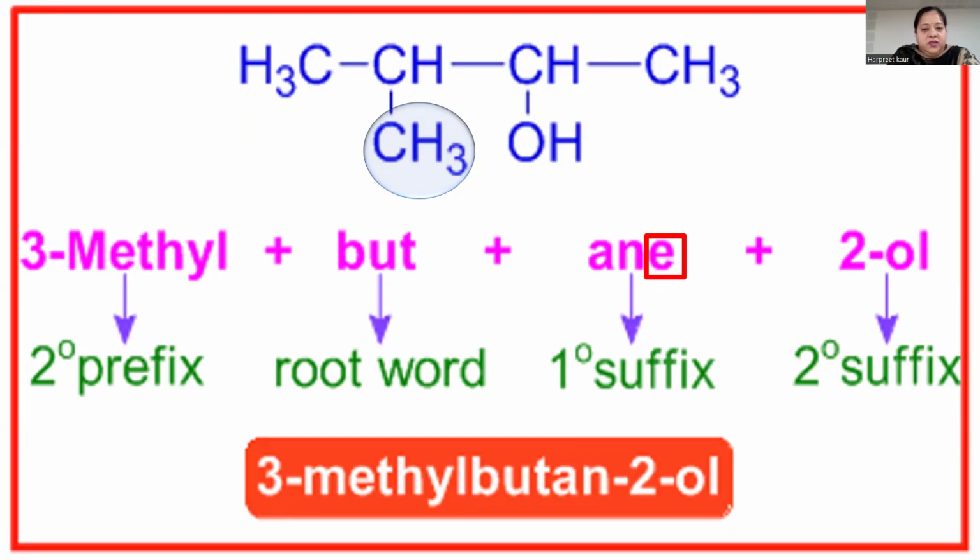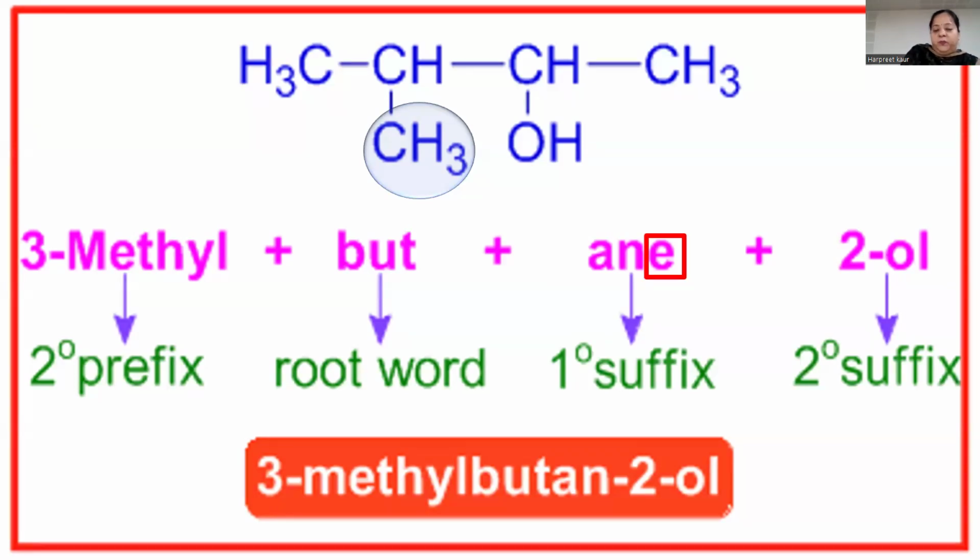Then again towards the right, we'll see the functional group. The functional group is OH, and for OH, the alcoholic functional group, the suffix used is ol. Then the functional group OH and four carbon atoms in the chain. If we leave these, we are left with one methyl group outside that chain, which is shown here with a circle.